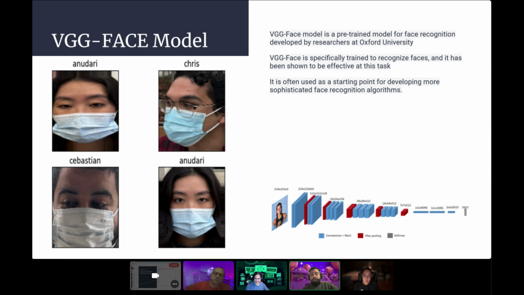You have to know what input the model receives in order to have a successful rate of using that model. And some things that I found when using VGG Face, it does not work when there's a lot of background in the back. It has to be focused on your face in order to have a high accuracy rate.